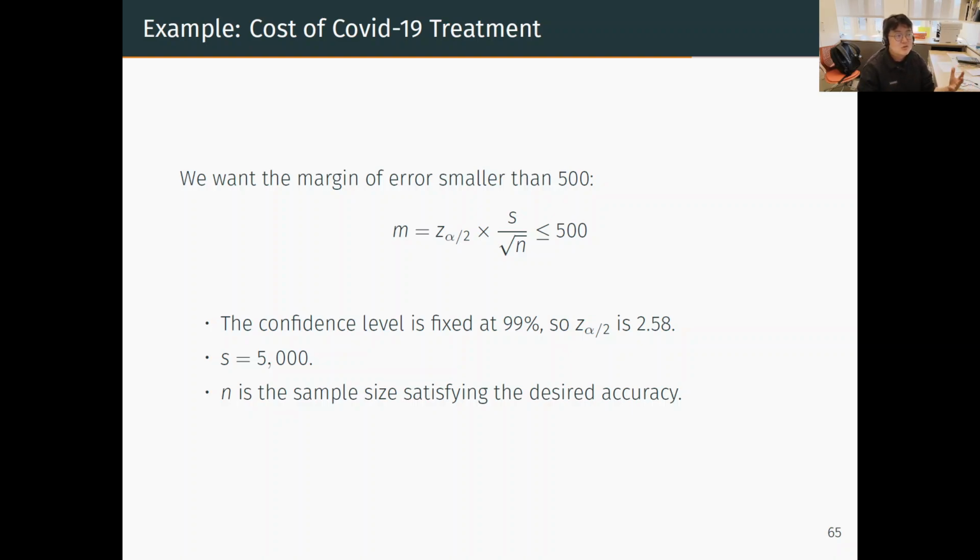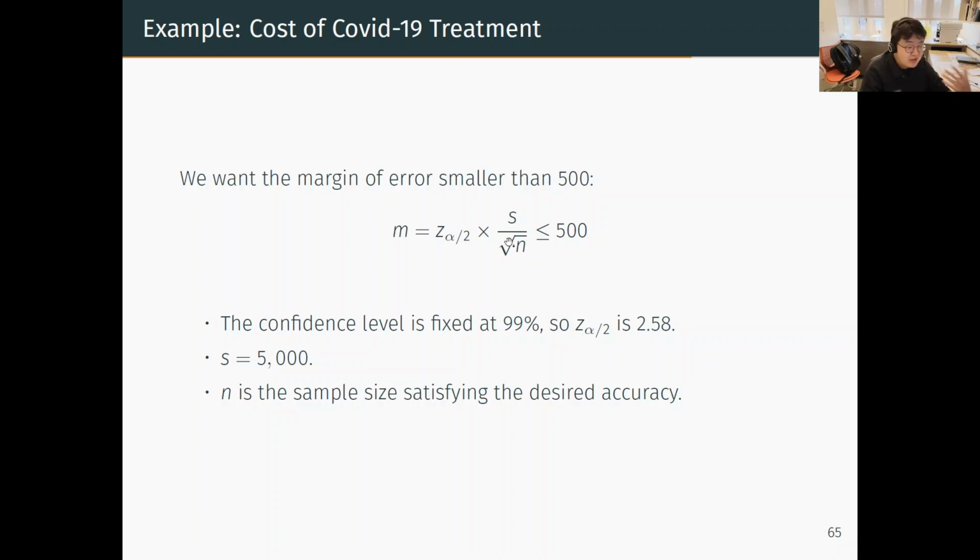We are estimating the cost of the treatment. It's out of my control. Then the only thing we can change in this inequality is n, the sample size. If you collect more data, you can increase the sample size, right? So that is our strategy.